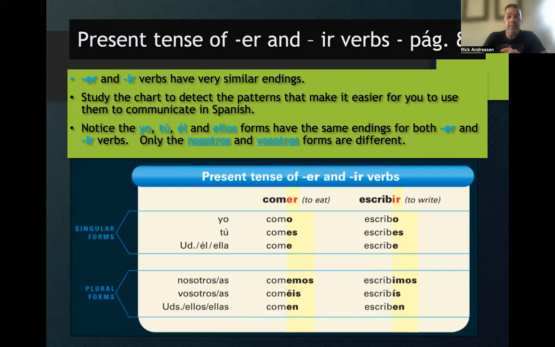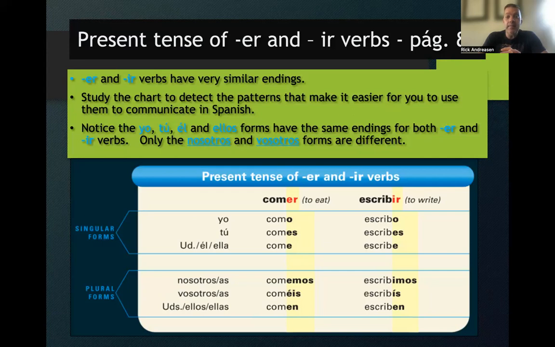Ellos comen. Ellas comen. Ahora el verbo escribir, IR verb, escribir. Yo escribo. Tú escribes. Usted escribe. Él escribe.